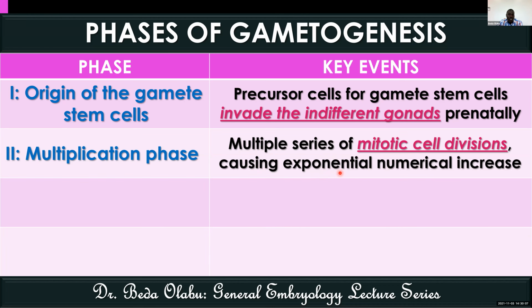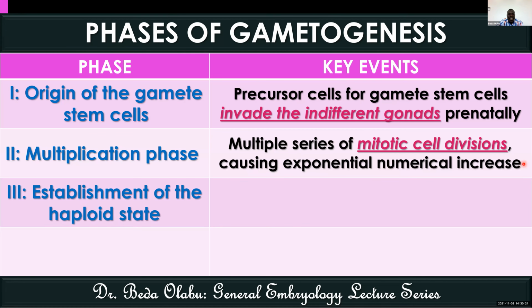And so exponential increase gives you a quicker increase than a linear increase. Once the gametes have achieved the desired number in millions, now those individual cells can undergo the third phase of gametogenesis, which involves establishment of the haploid state.